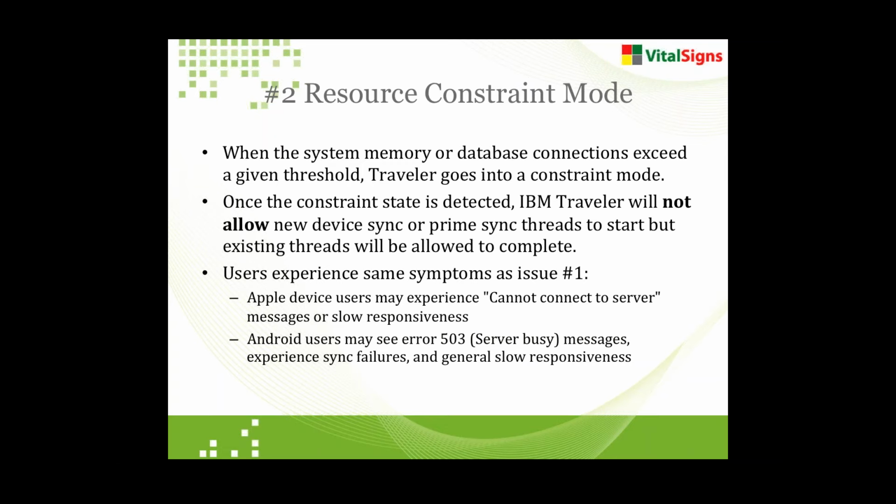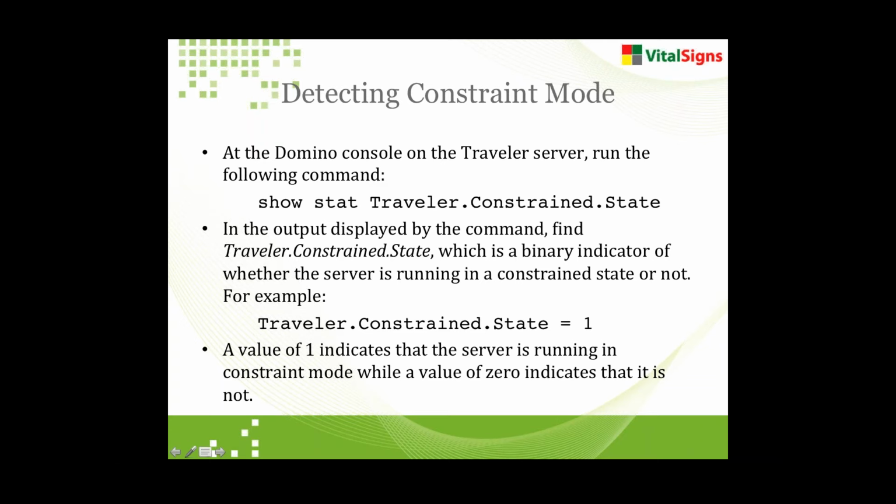And when it's in constraint mode, it'll finish the device syncs and the prime syncs that are currently underway, but it will not start any new ones. And as far as the end user is concerned, the symptoms are the same as issue number 1 of HTTP threads, which is the can't connect to server and the 503 and the slow stuff. And that's another terrible thing.